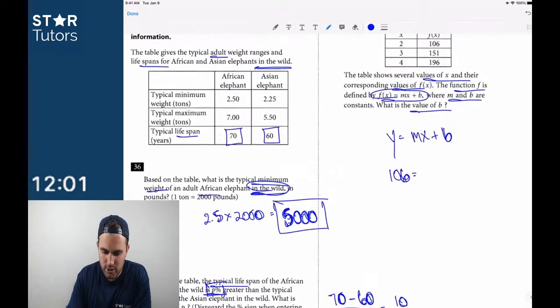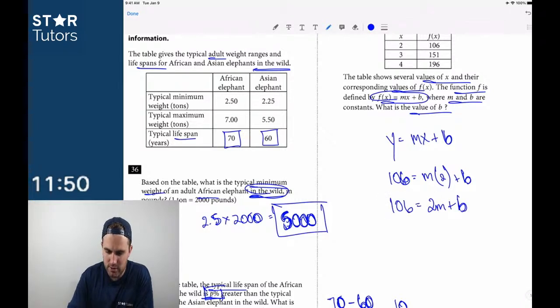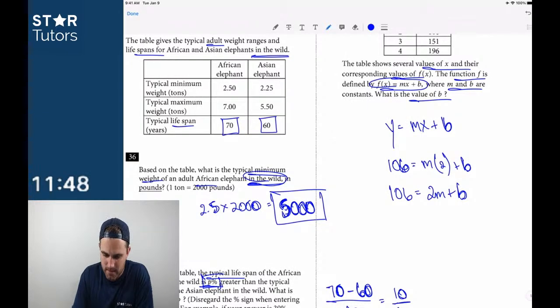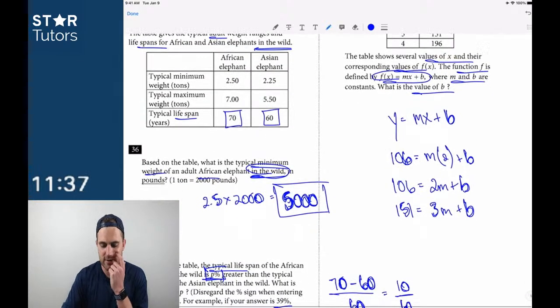Okay, so 106 is equal to m times 2 plus b. So one of our equations is 106 is equal to 2m plus b. Our other equation is 151 is equal to 3m plus b. Then we just have to add or subtract.